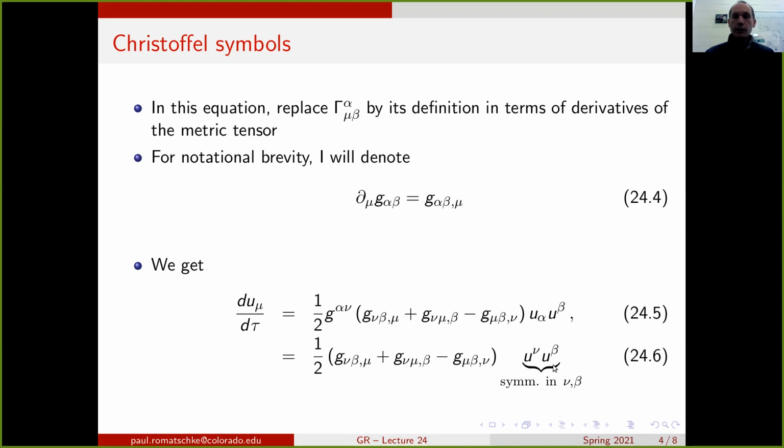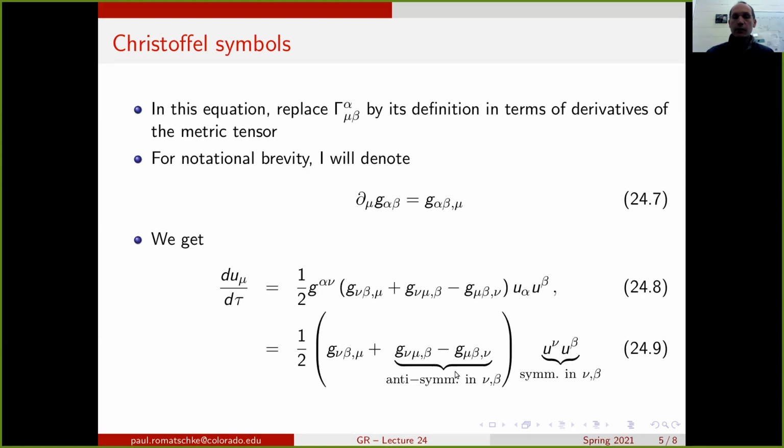This is important because if you look at these two terms inside the parentheses, you find that these two terms are actually antisymmetric in nu and beta. If you change nu and beta, you get beta and nu, so this is this term here, but we have a minus sign in between.